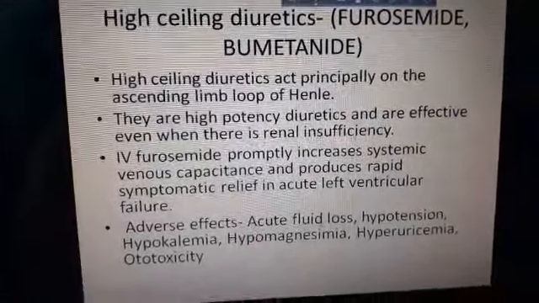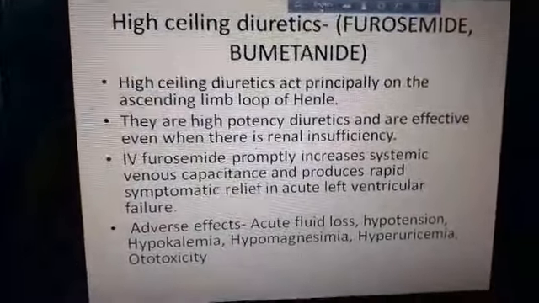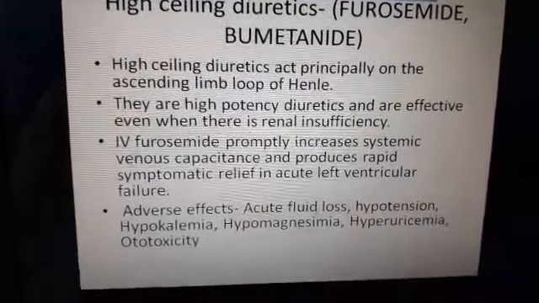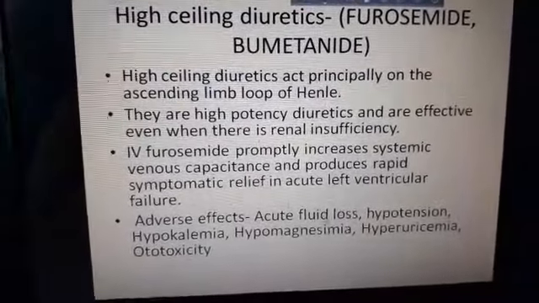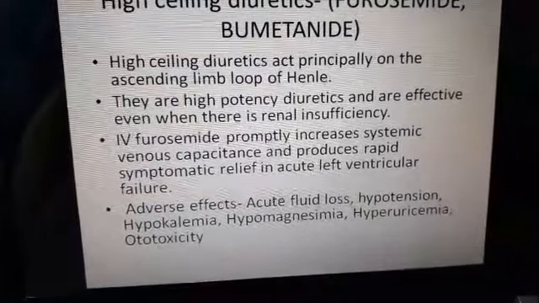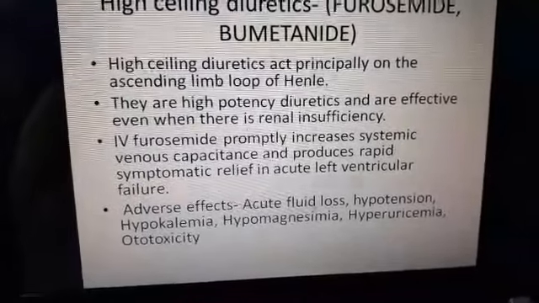And for this, high ceiling diuretics like furosemide, bumetanide are used. Another advantage is that even in patients with renal insufficiency, this is preferred over the thiazide, because if you remember the site of action, furosemide acts in the loop of Henle and thiazide acts in the further distal convoluted tubule.